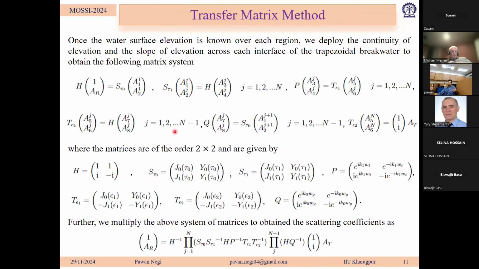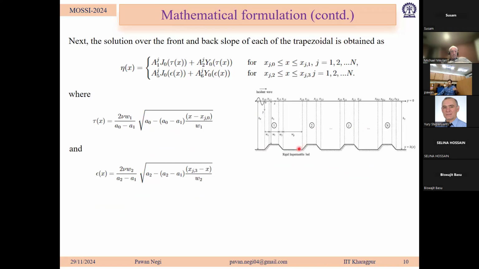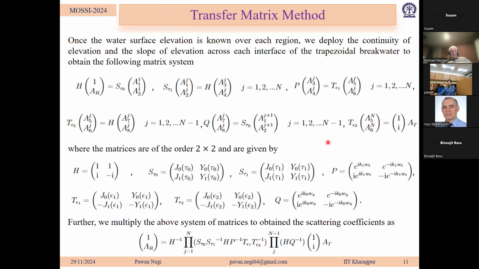So what we do now, like over here in the picture, is apply the continuity of eta and the slope of eta at each of these interfaces, which I have shown by dotted lines. Then we have a system of equations, 1, 2, 3, 4, 5, and 6, which can be clubbed together to get a transfer matrix method, and then we can have AR and AT in this way.